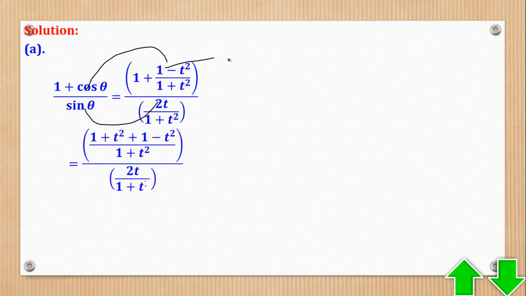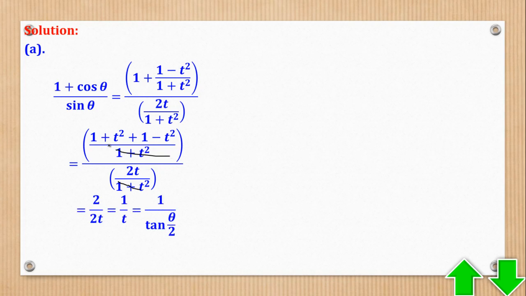Then get LCM for the numerator, LCM for the denominator. So this and this are the same, so they can cancel. And also you realize that this and this can cancel, so you remain with the 2 alone. Up, down you remain with the 2t. So 2 can cancel to remain with 1 over t, which is 1 over tan theta over 2, to give you cot theta over 2.